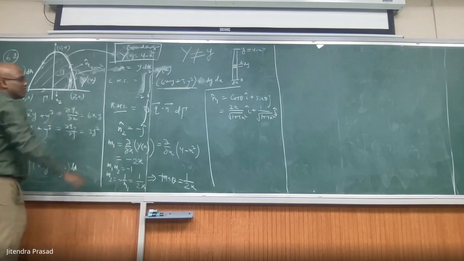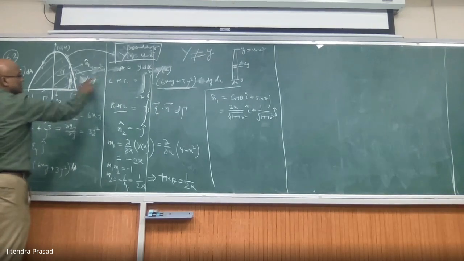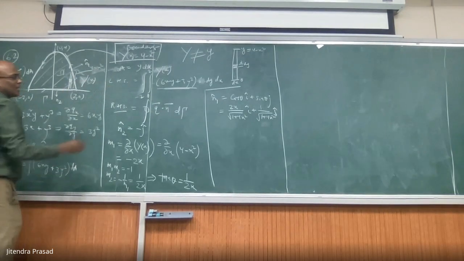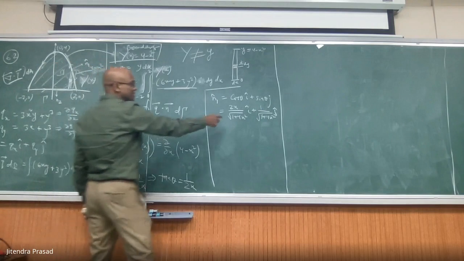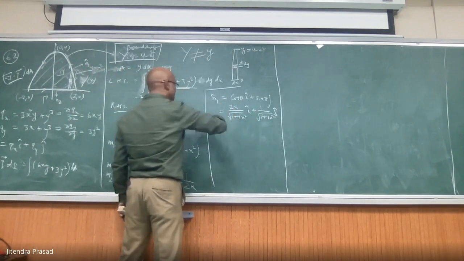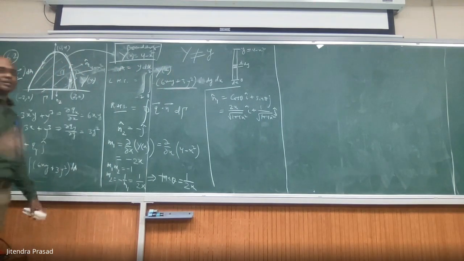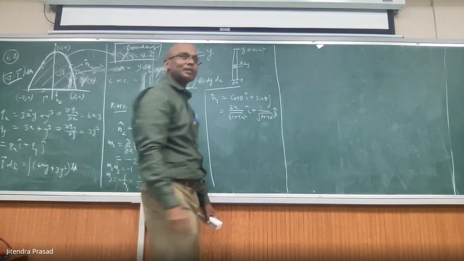You have all the positive numbers. So it should be like this, directed towards this one. Correct. When x is negative, then this term is negative, this remains positive. So the x term here becomes negative. So I think it's okay. So n1 you got already.